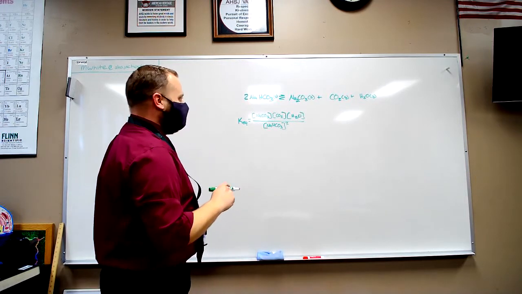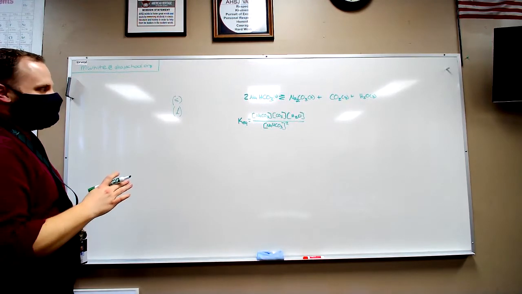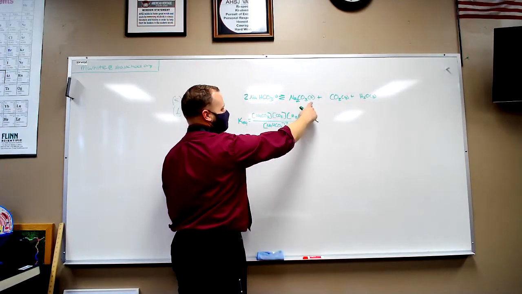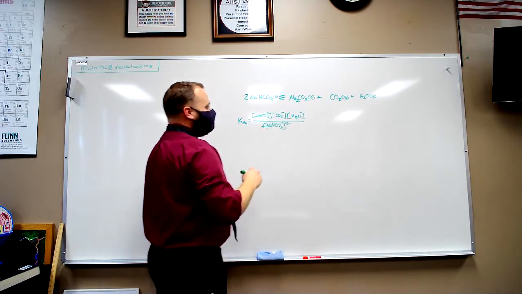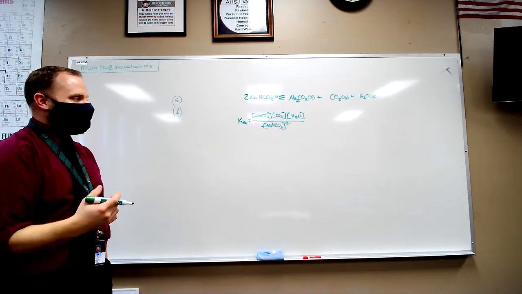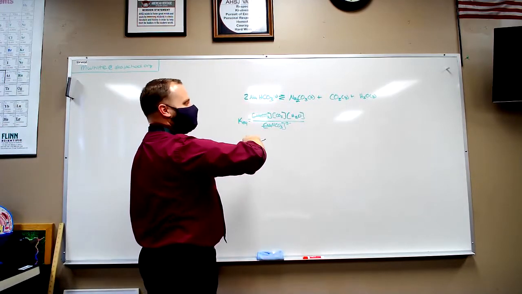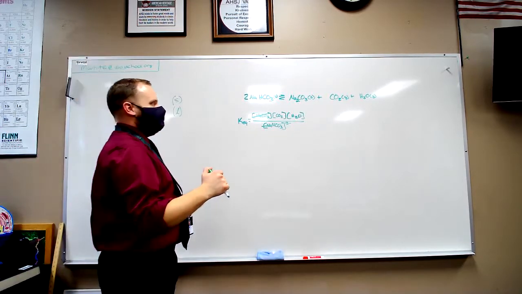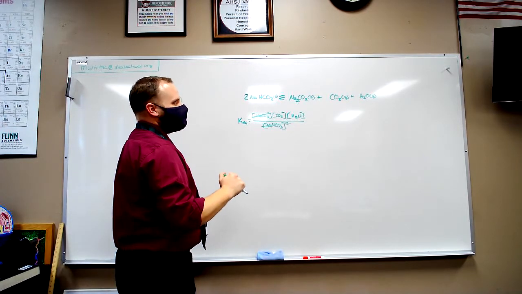Now, if this were homogeneous, that's exactly what we would want. But this is solid, and this is solid. So that needs to be taken out, and that needs to be taken out. Once again, after you do these a few times and get some practice, you can skip this step. I've gotten to the point where I'm pretty comfortable in just putting what needs to be in there.